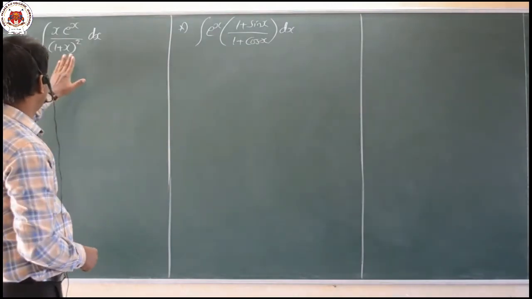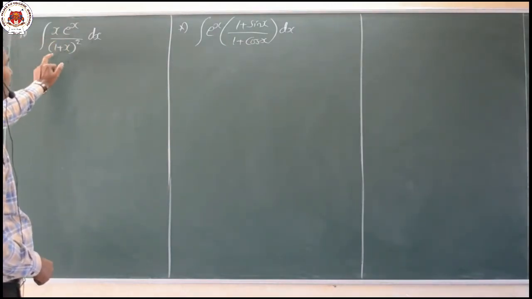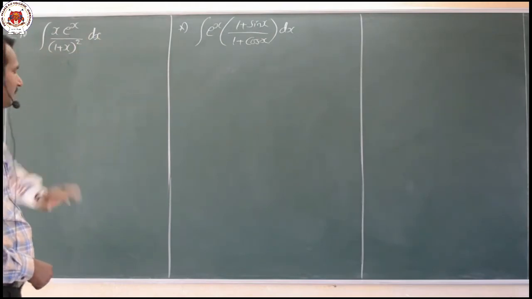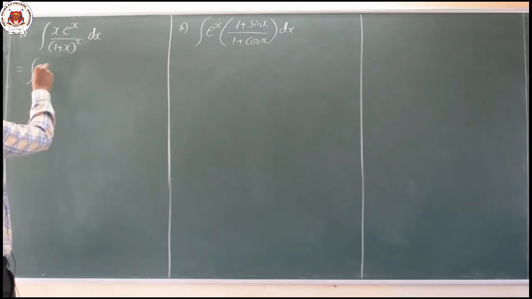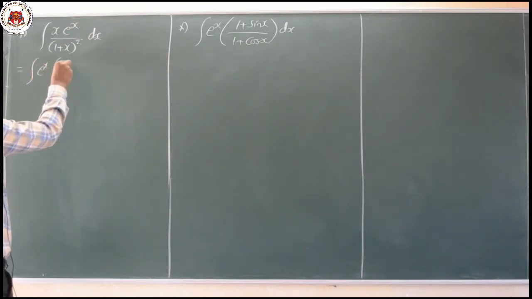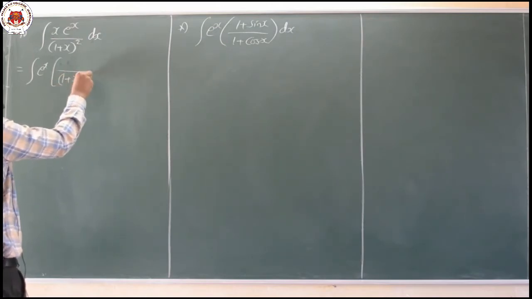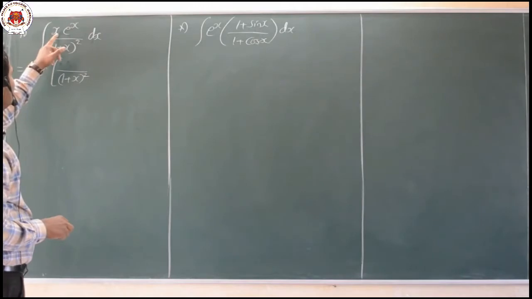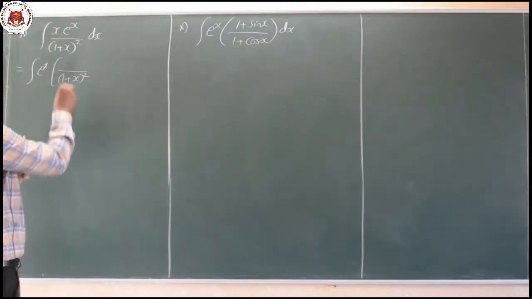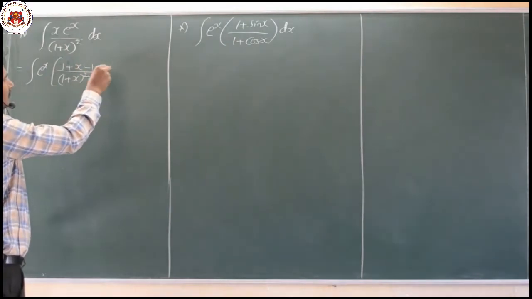The next problem is e raised to x into x divided by 1 plus x whole square. Now what we can do here is write this as the integration of e raised to x, with 1 plus x whole square in the denominator. Here this x we can write as 1 plus x minus 1, into dx.